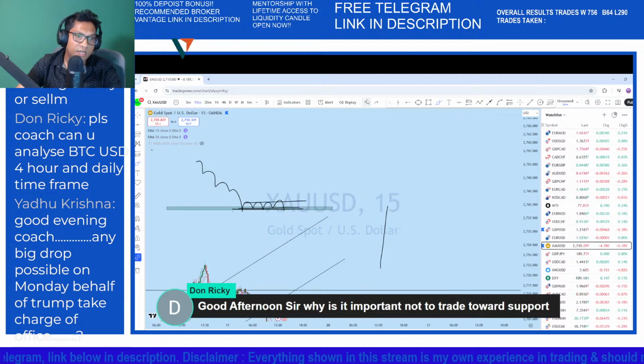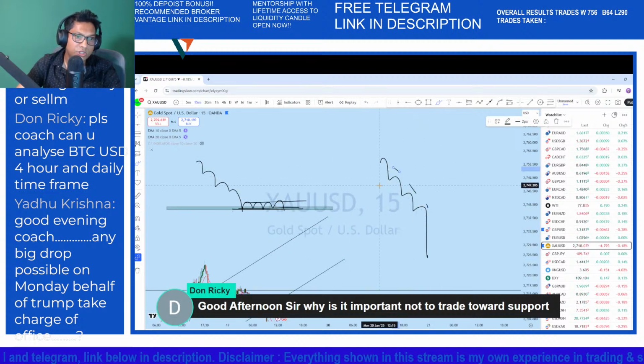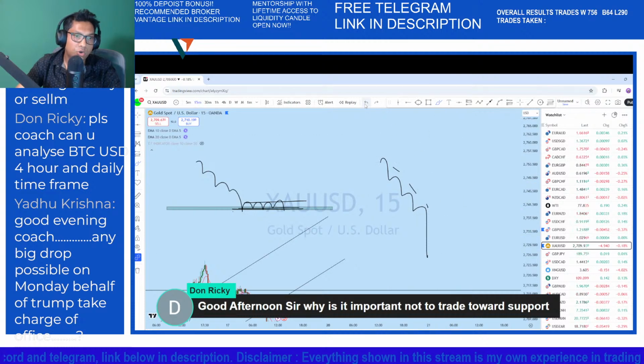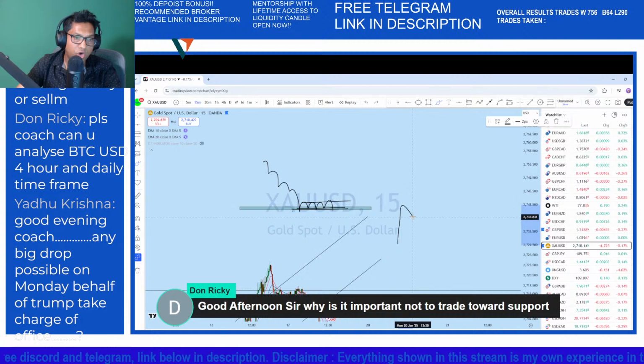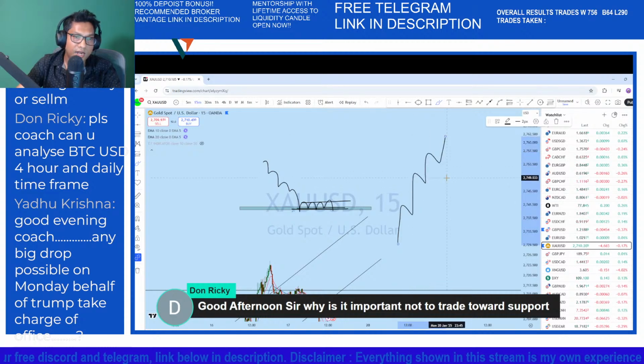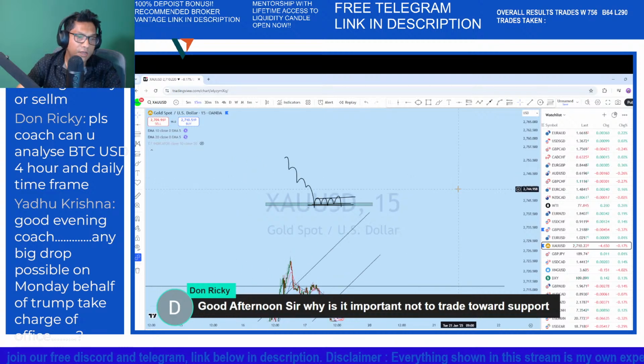And you could see the market forming a series of lower highs and lower lows, which is a downtrend. So it's always better to trade with the trend. When the market is in a trend, we can see that the market is moving in the direction.